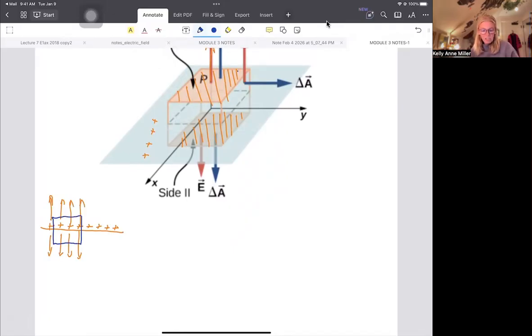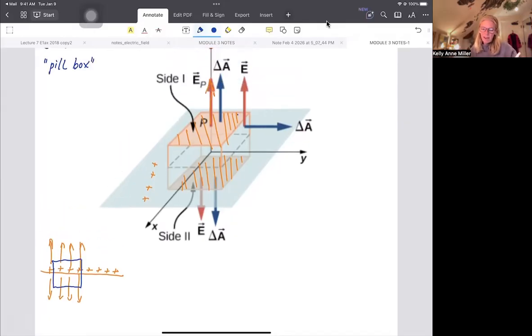So you can see that only the top surface and the bottom surface actually contribute to the surface area integral. On the sides, the electric field is perpendicular to the area vector, so none of the four sides contribute to the flux. The flux is zero.